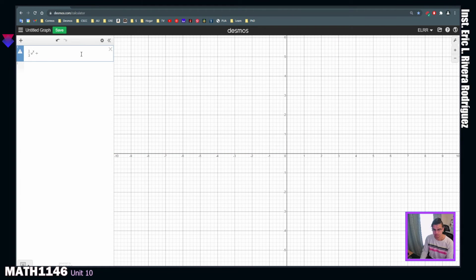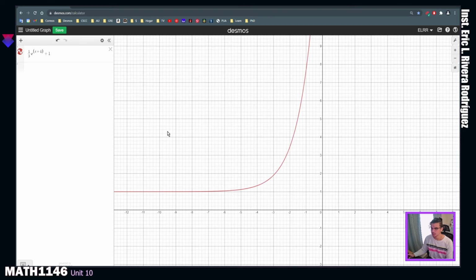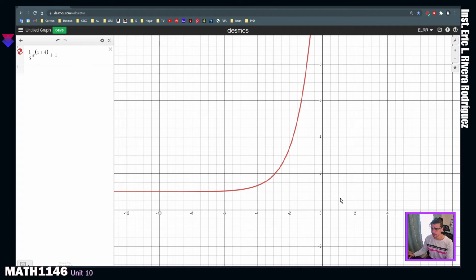Okay. Plus 4, and plus 1. Okay. So this is the graph. We are seeing it in decimals.